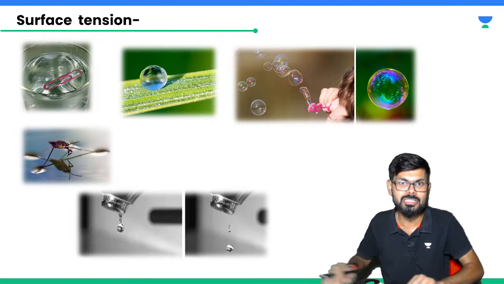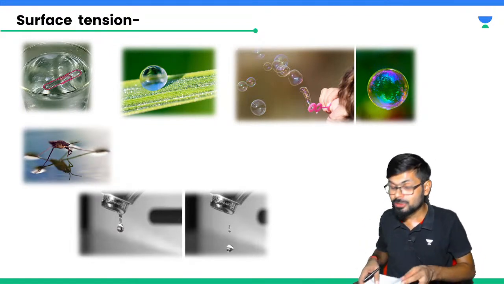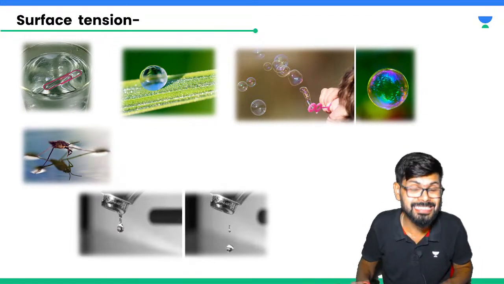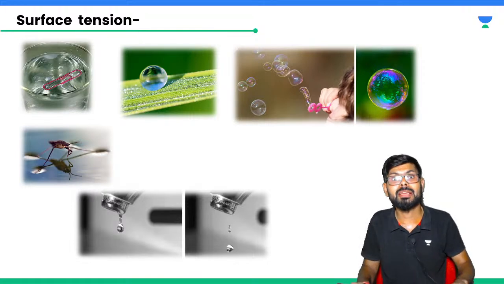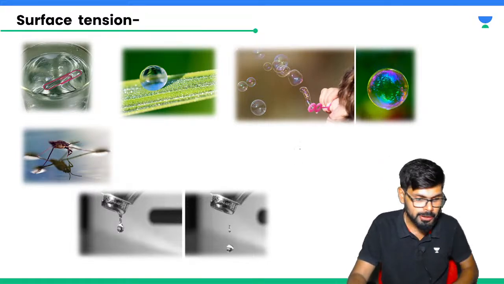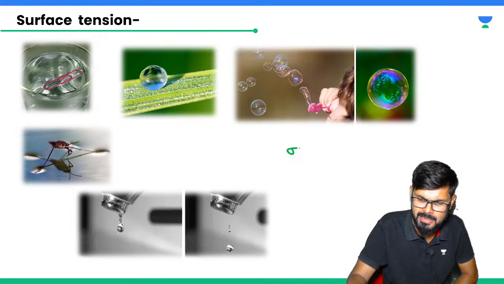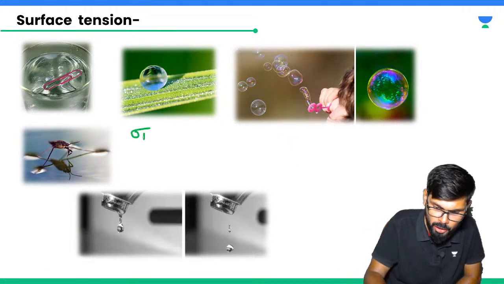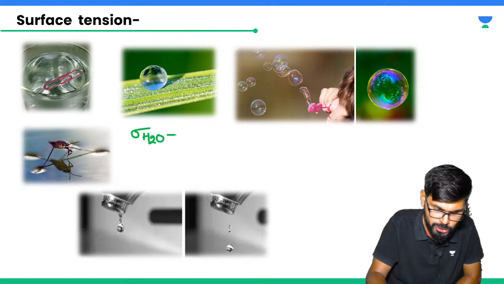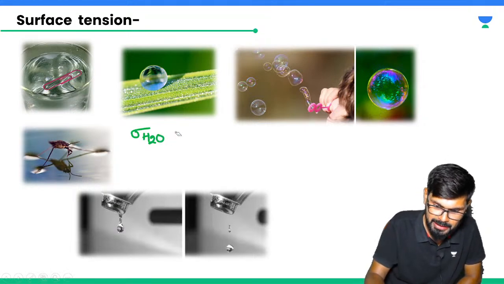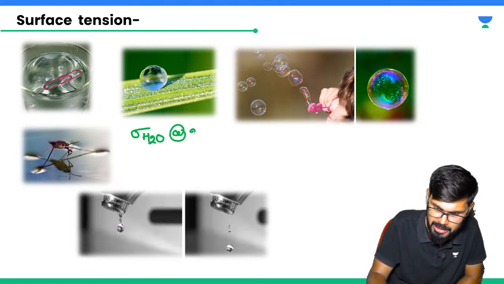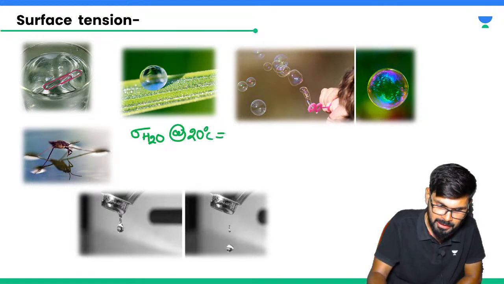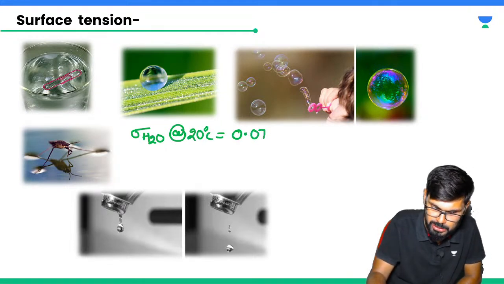In the case of mercury, the surface tension is more. So if you look, the droplet size will be somewhat bigger than water, because we already know the values. If I write sigma of H2O at 20 degrees centigrade, because it depends upon the temperature, the value is 0.0736 Newton per meter.